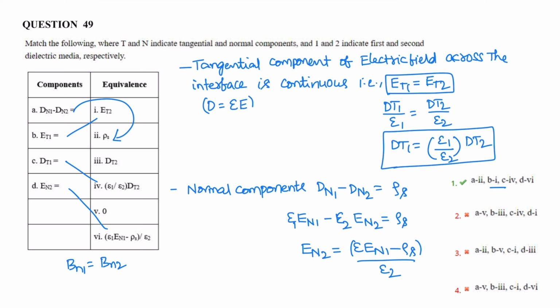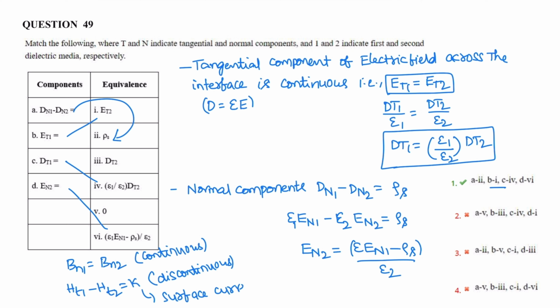The normal component of magnetic flux density is continuous, and the tangential component of magnetic field intensity, Ht1 minus Ht2, is equal to K. This is discontinuous, and the normal component of magnetic flux density is continuous, and the magnetic field is discontinuous, where K is the surface current density.